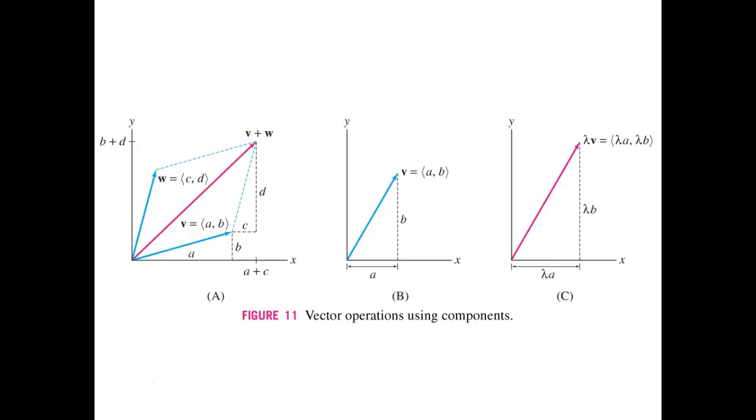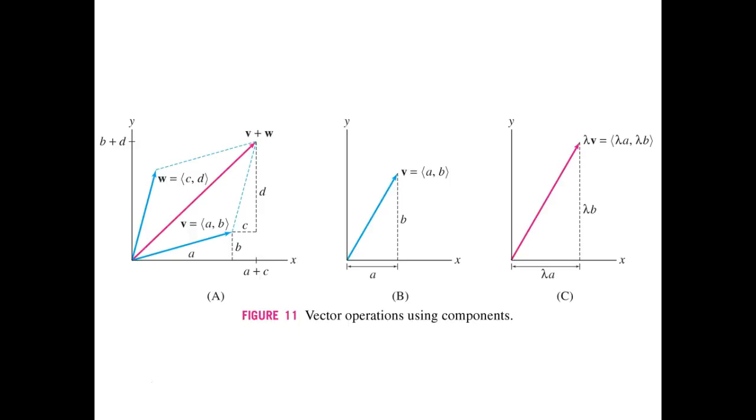If you're adding the two vectors tip to tail, I don't care. You don't have to do that kind of stuff. Just add A plus C. Here's A, there's C. Add that. You get the horizontal component of your sum vector. And then for the vertical component, add to B what your D is. And D is this distance here. Add that to B, and that gives you your vertical component. There's your vector right there.